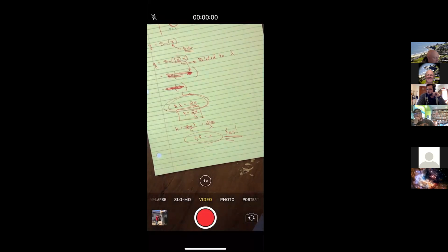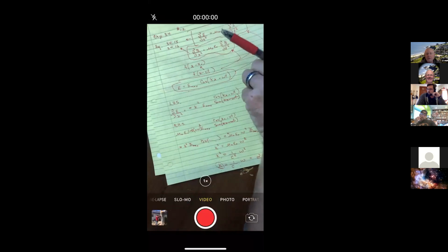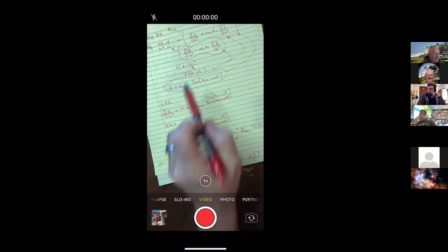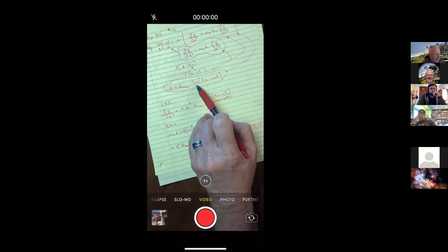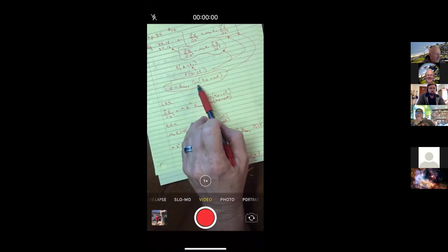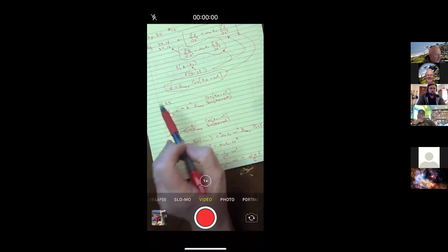Cool. Do you want me to do the magnetic field, or you got the idea that it's going to be the same thing? Yeah, I got the idea. Because you're going to get everything exactly the same. You're going to take the second derivative.